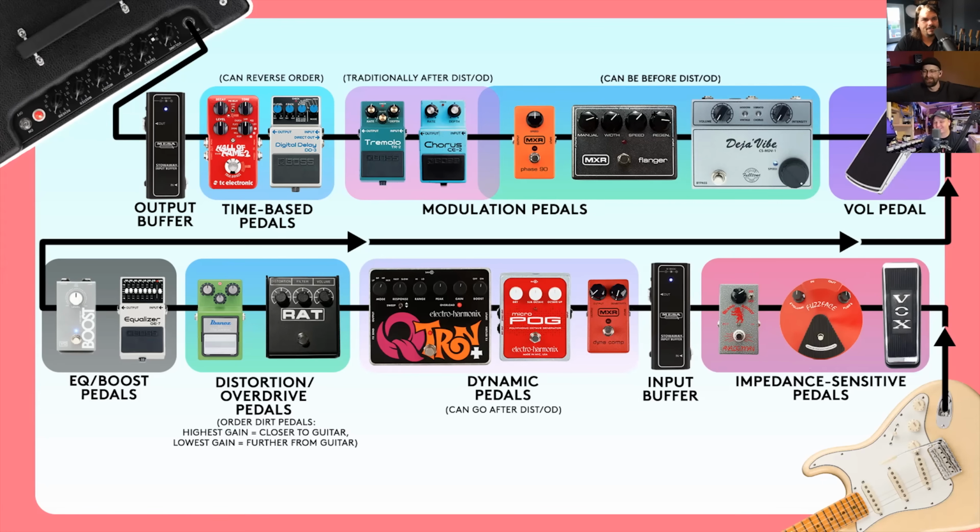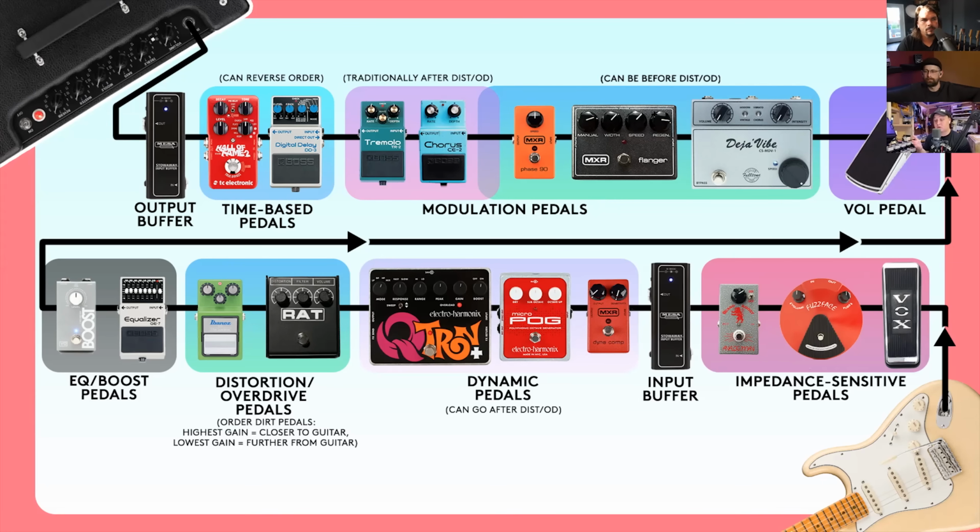Brian, what do you think? I would say, if we're going off of order, I'll get a lot of people that come through and they kind of have an idea of what they want when it comes to their modulation order. I get a lot of questions like, where should my chorus be in my chain?